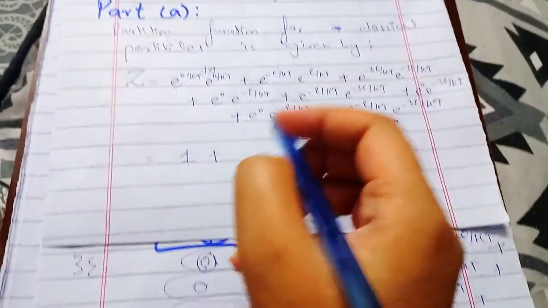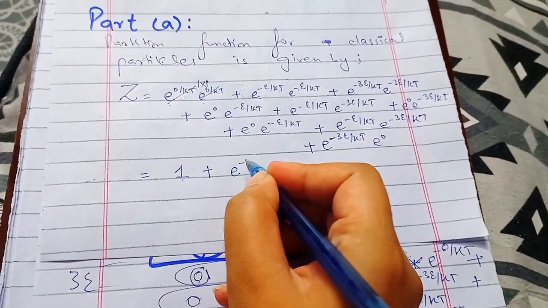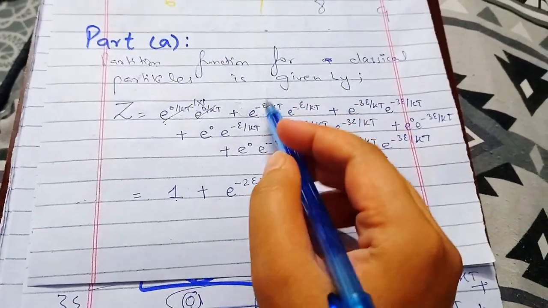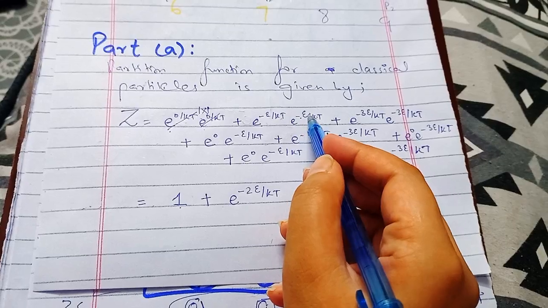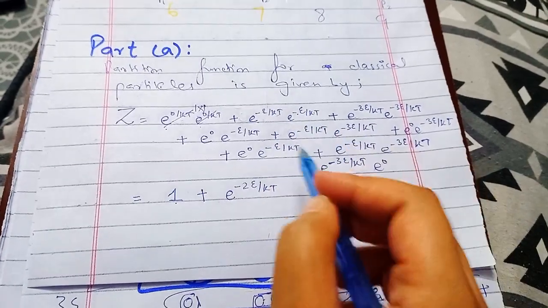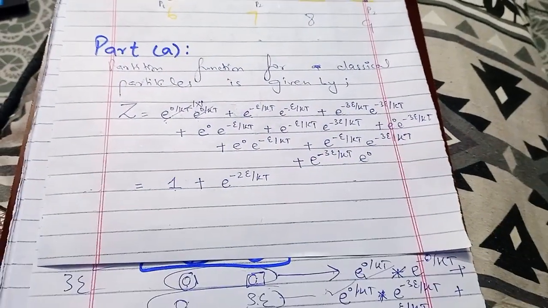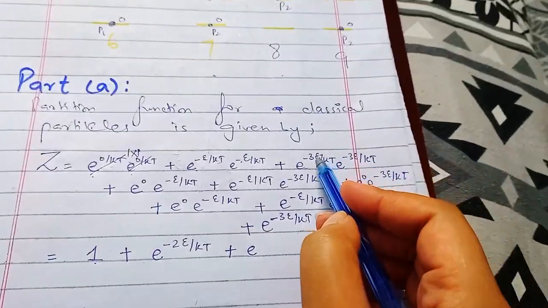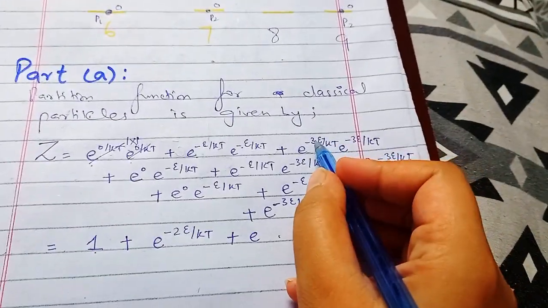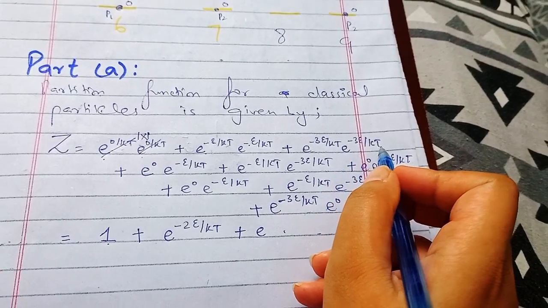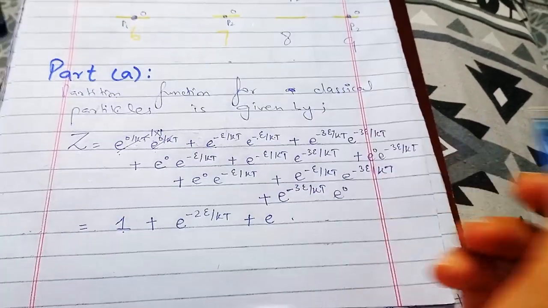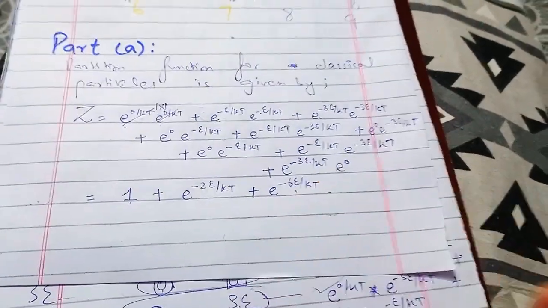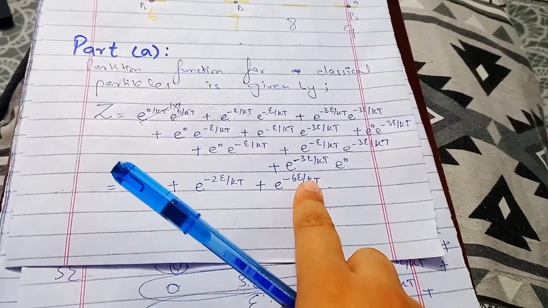Bases are same, powers will be added, and it will become minus 2E by kT. Plus, bases are same, powers will be added, minus 3E by kT minus 3E by kT. 3 plus 3 is 6, so it's minus 6E by kT. Okay, we'll put the value of T at the end.